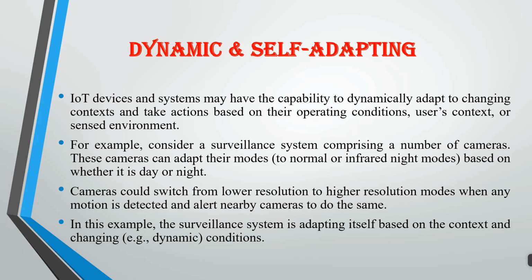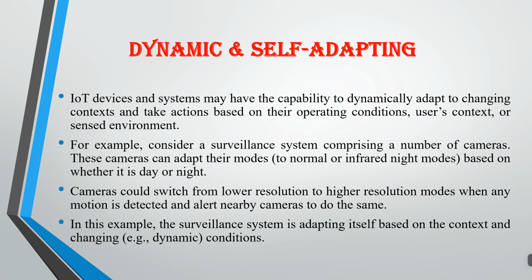But the moment movement is observed by the camera, it automatically switches over to the high resolution for better detection and to give an alert nearby to the camera. Otherwise, when there is no movement, there is no need of a high resolution camera, because the higher the resolution, the more space the DVR needs to store it. Unnecessary wastage of the storage space is not wanted.